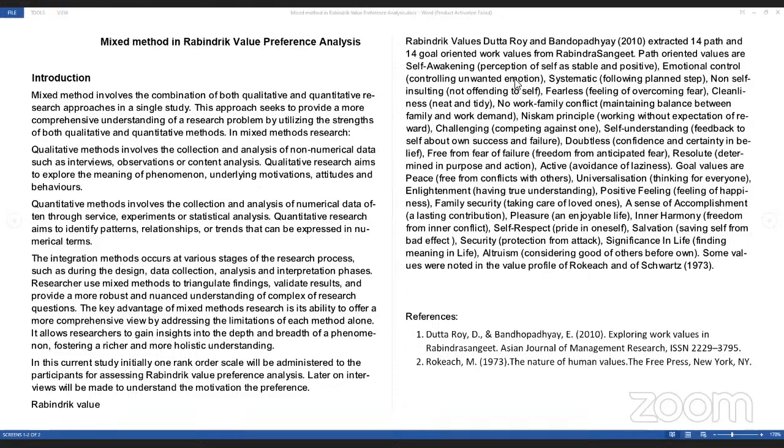So you can raise this question: is there any congruency or incongruency in value preference between the participants in the current study?